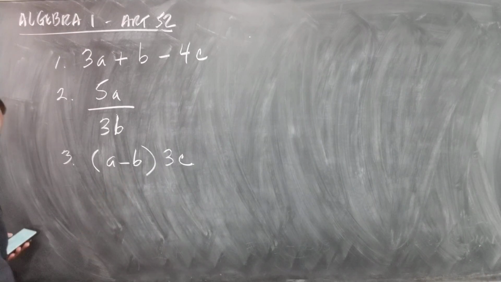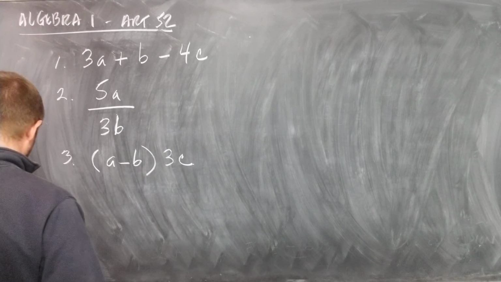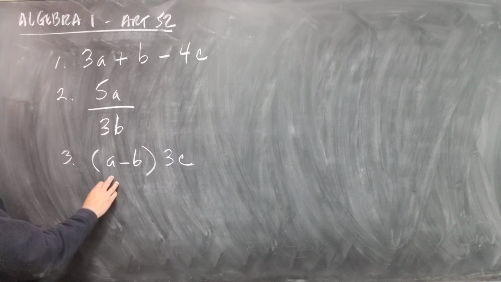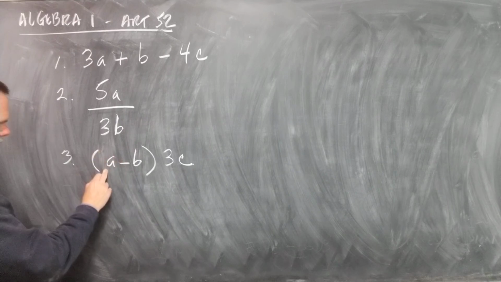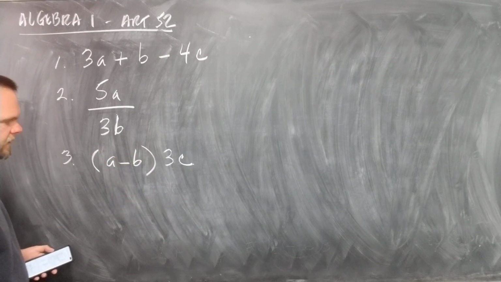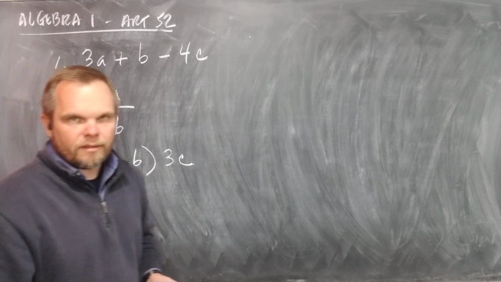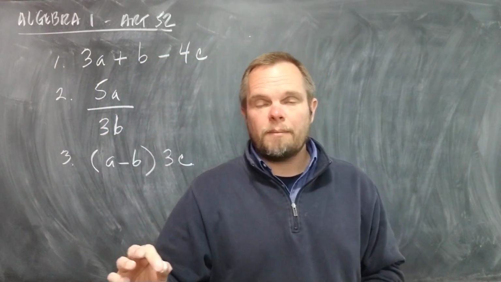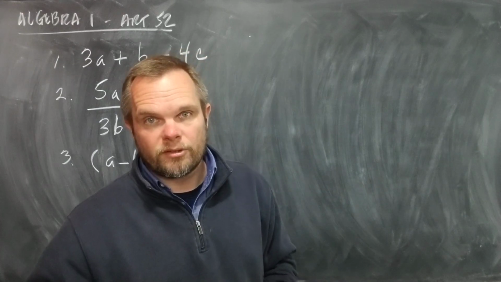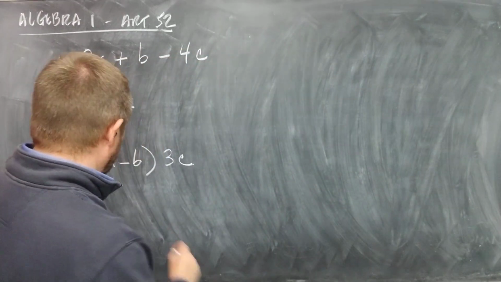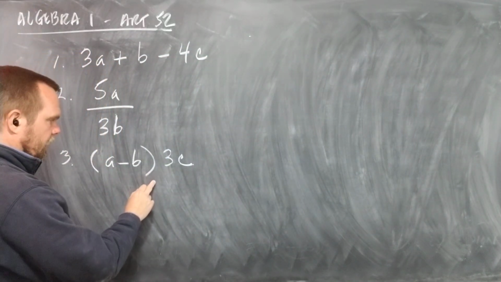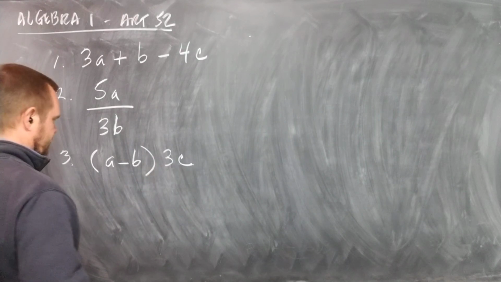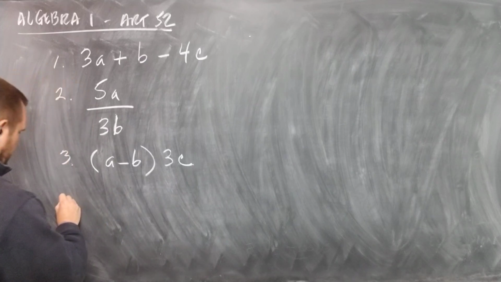A minus B into 3 times C. The reason why I put A minus B in parentheses here is because it's followed by a comma in the words in our exercise, and the commas are used to separate terms. So it says A minus B, comma, into, or multiplied by 3 times C. That's number 3.